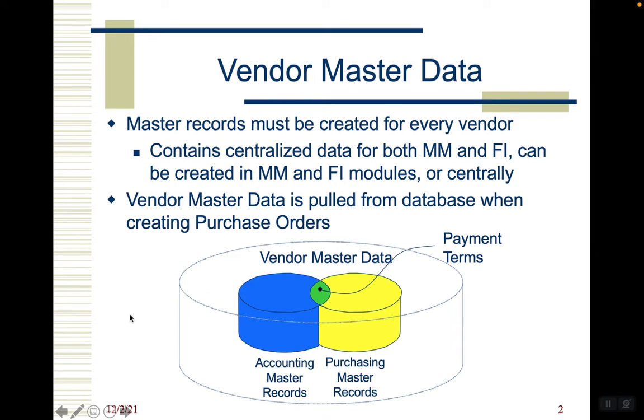Within the purchasing side of things, our payment terms are held in both the purchasing master records and the accounting master records. So this is another area of integration where we see the two functions working together.